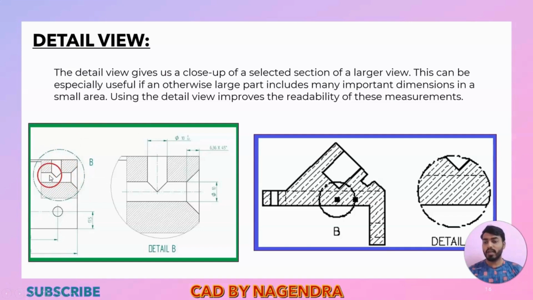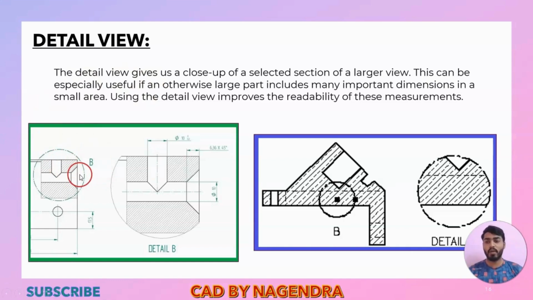If you want to create these holes, we need to specify dimensions, like what diameter we want, what depth we want, what countersunk angle we want. If I mention all dimensions here itself, we will not be able to read them properly. Why? Because it is already a complex shape and the hole sizes are very small. So if you give all dimensions here only, it will get clumsy.